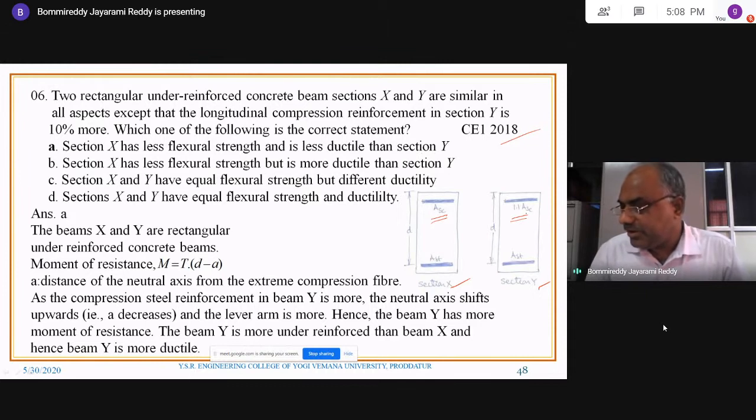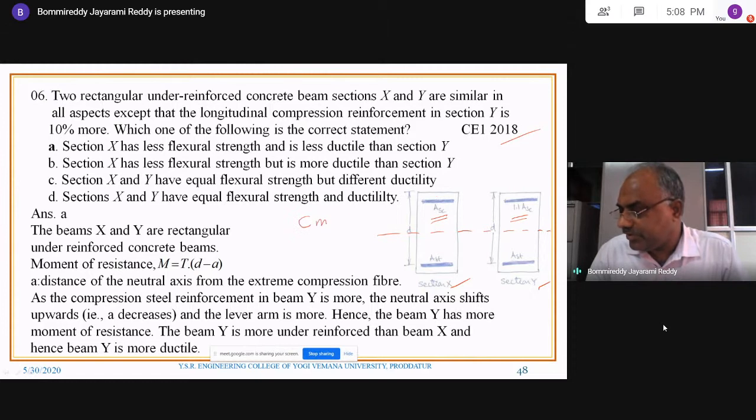See, normally steel reinforcement is more means it is more ductile. There is no doubt in it. So this is the area of the steel reinforcement. Normally what is going to happen here, by providing 10% more compression steel, compressive resistance will be more.